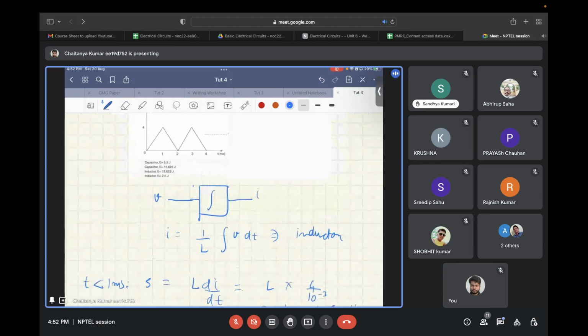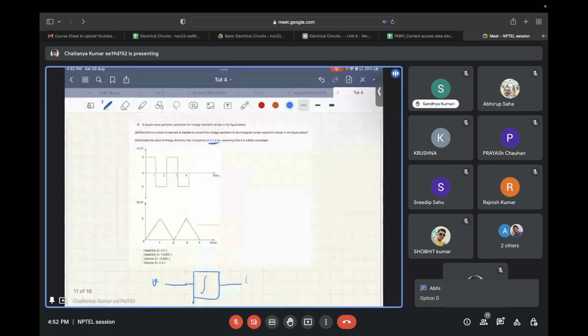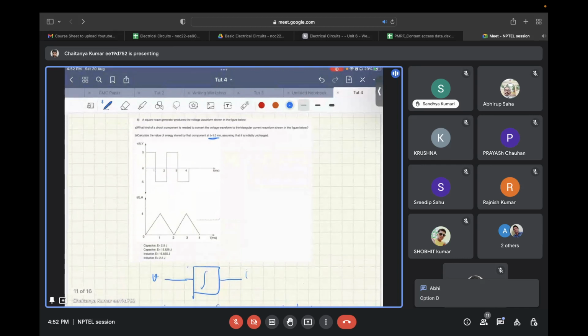Now, you need to find the energy stored in the element at 1.5 milliseconds. So for t less than 1.5 milliseconds, the slope with which it is reducing is 2 amperes per millisecond.